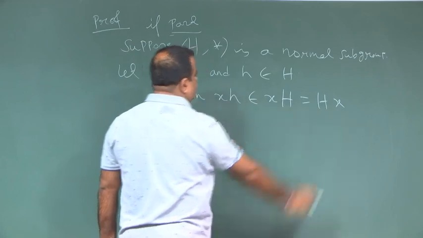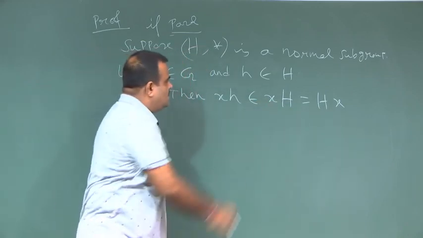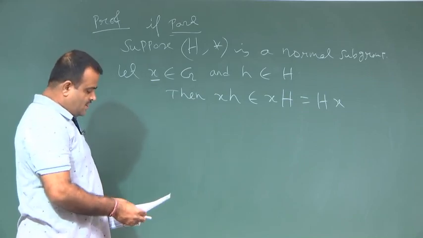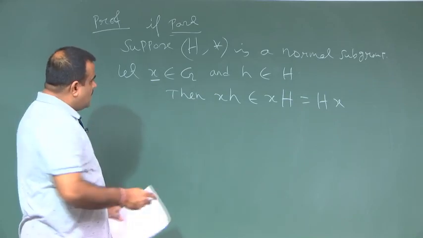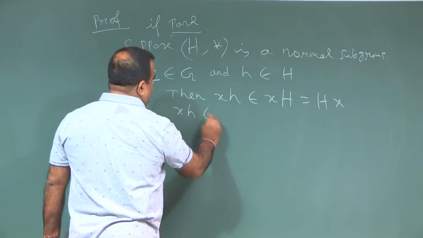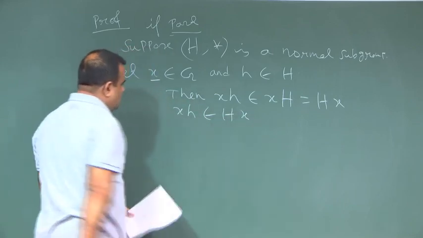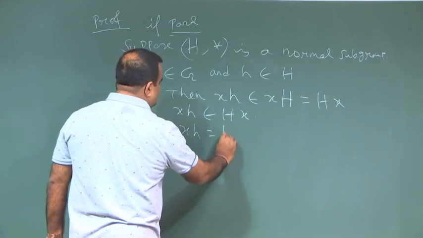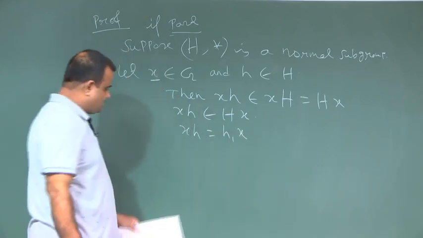So the left coset and right coset are the same with respect to this element. Okay. So now xh belongs to this. So this means xh must be equal to some h1 into x.